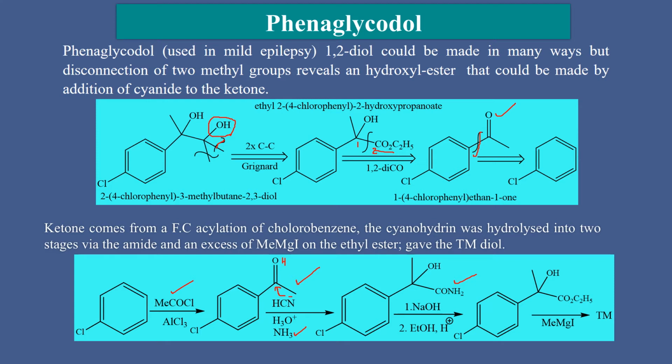When this is hydrolyzed in the presence of alcohol, an ester is obtained. Then two molecules of Grignard reagent will convert this ester into our target molecule, that is the 1,2-diol.